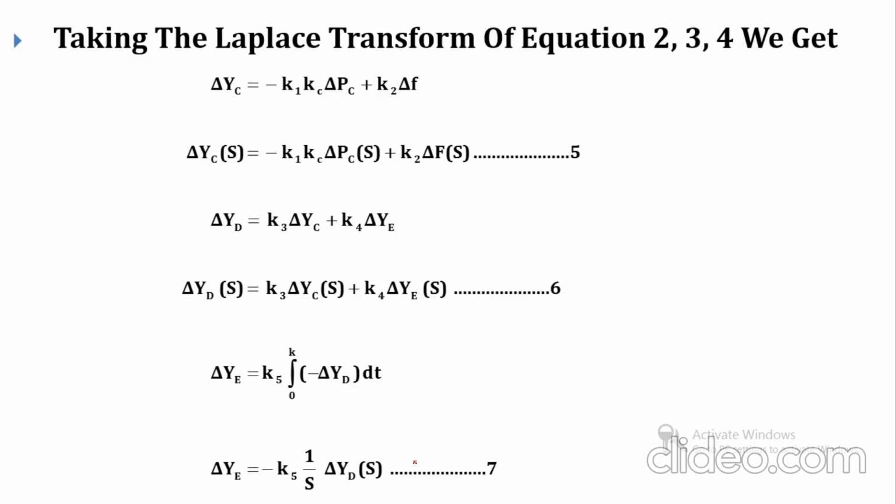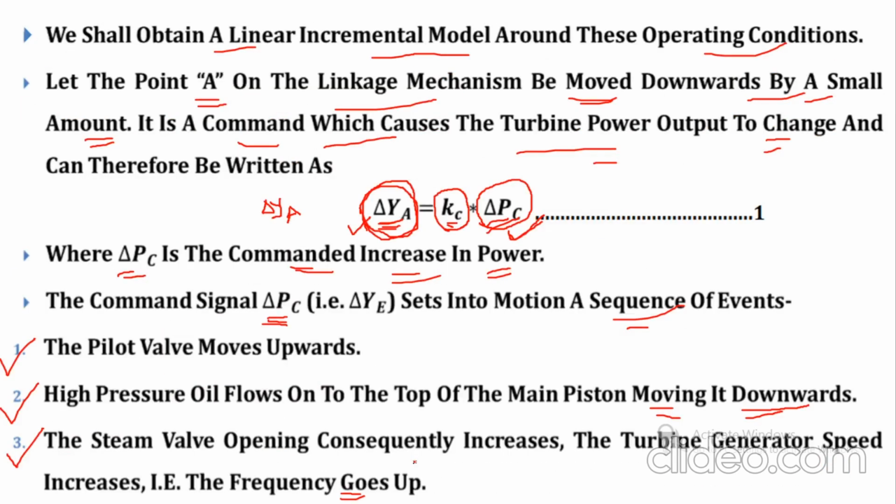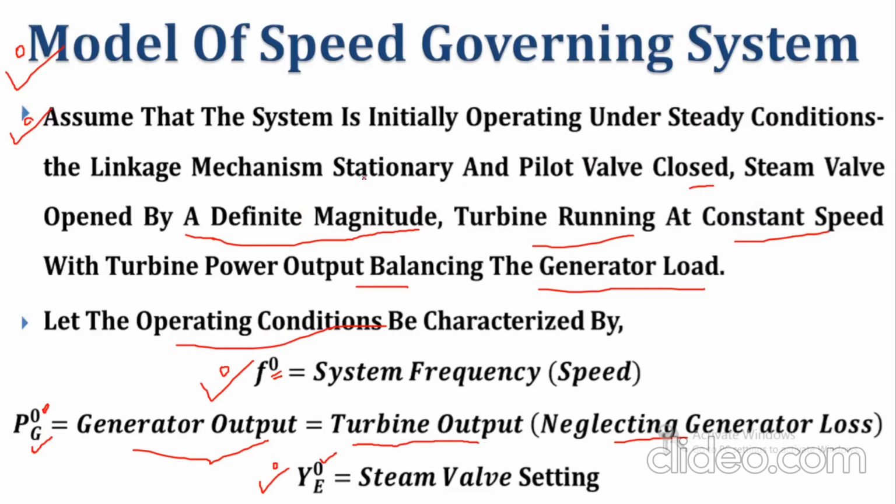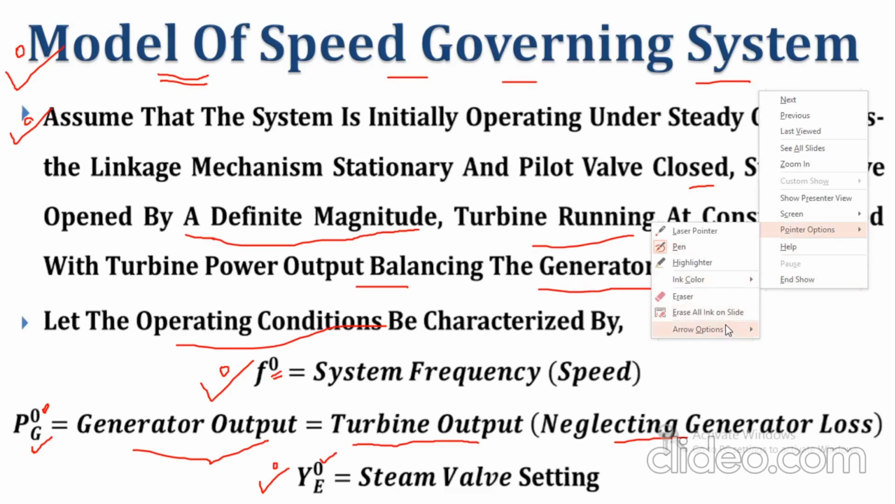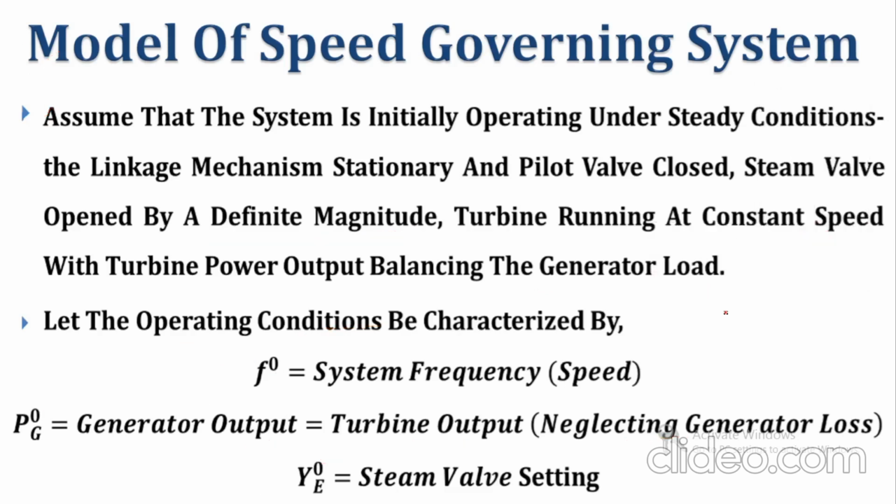So these are the mathematical equations which are required to make the mathematical model for the speed governing system. For mathematical modeling, we are going to consider the input and output. So we can say what are the inputs and what are the outputs for these mathematical equations. Clear?